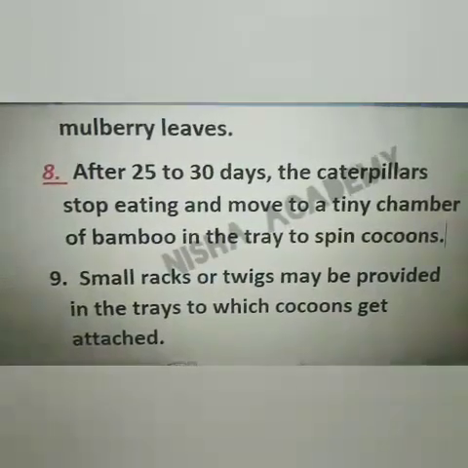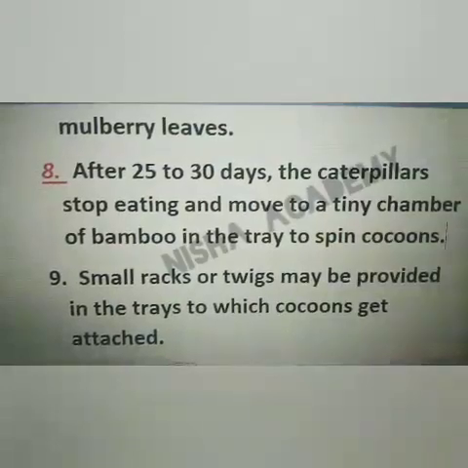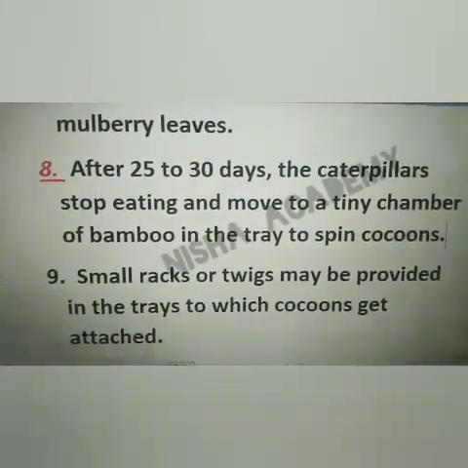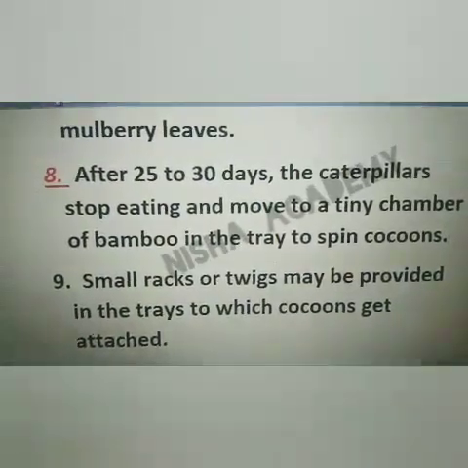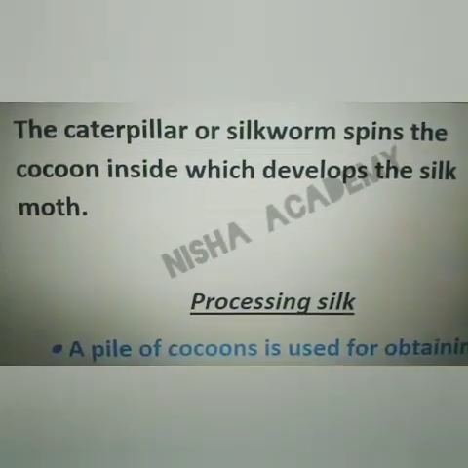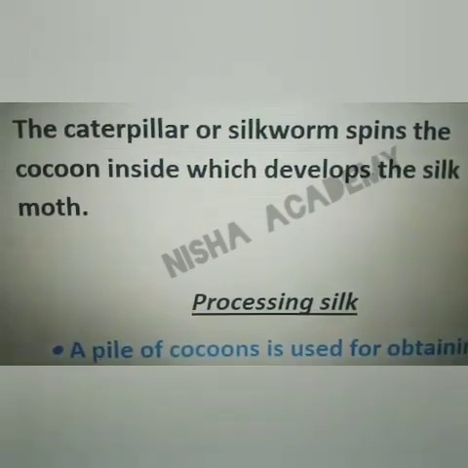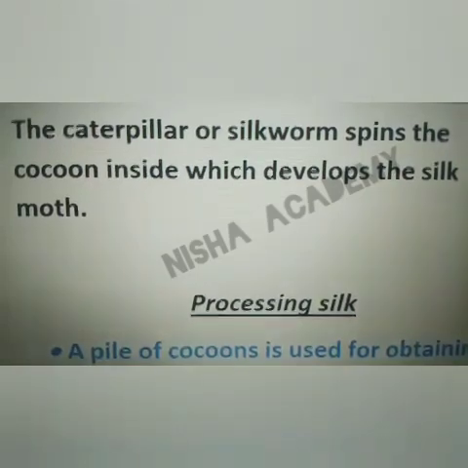In this tiny chamber, the caterpillars are provided with small racks or twigs in the trays to which these cocoons get attached. The caterpillar, or silkworm, spins the cocoon inside, which finally develops into the silk moth.